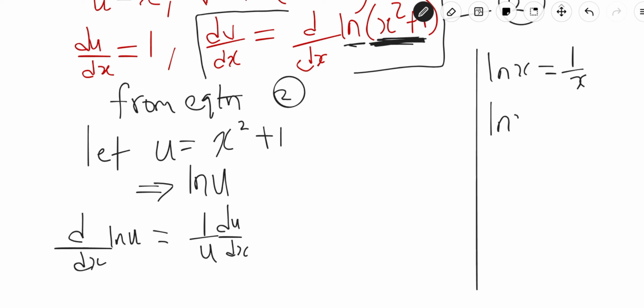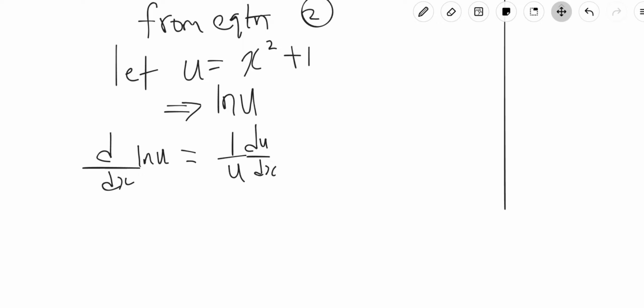So that's why if I say ln u, I will have 1 over u. Okay, so what's the next thing I need to do? I can still proceed now to differentiate this. What was our u? This will now be 1 over, our u was what? x squared plus 1.